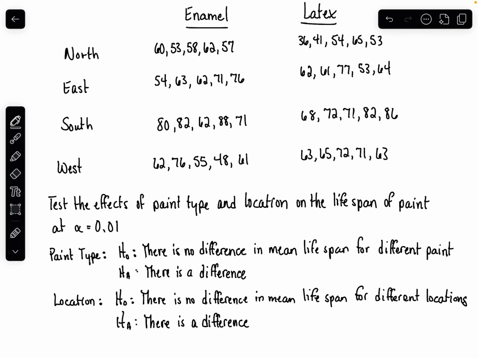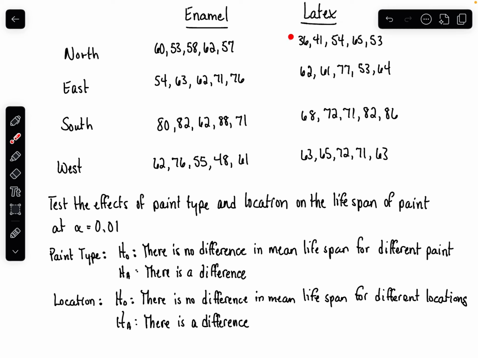Now, just to kind of, again, recap with hypothesis tests, you can't just go by what the data looks like. That is to say, if we look at, say, the North region, the enamel paint seems to all be in the 50s and 60s. In fact, aside from the 53, it seems to all be pretty close in the upper 50s, lower 60s.